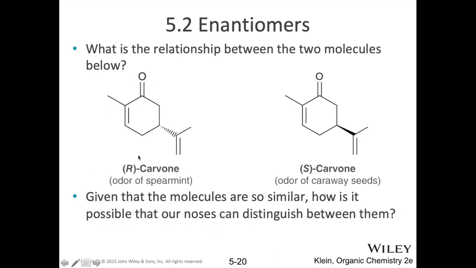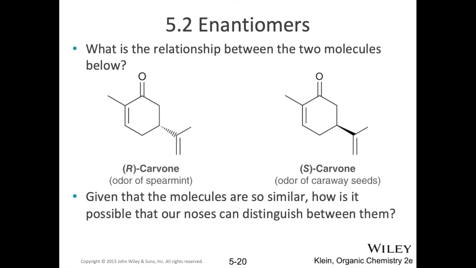Okay. So here, I think earlier at the start of this chapter, I mentioned examples with biochemical pathways, right? Here's an example of one of those. Because your nose has very specific receptors where one enantiomer might interact with one receptor and the other enantiomer might react with another receptor.